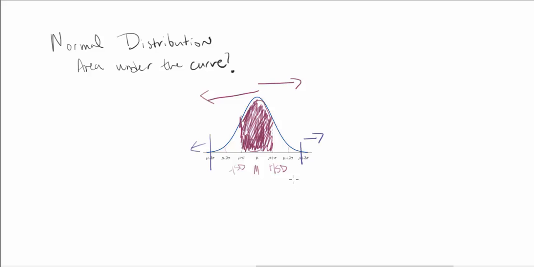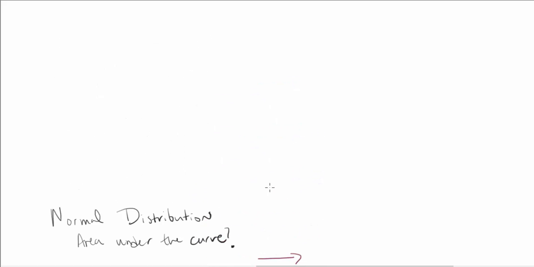Now, we'll talk about that in the future, but make sure before moving forward that you understand that things out here, scores out here in these edges, are very, very unlikely to happen. That's important moving forward.